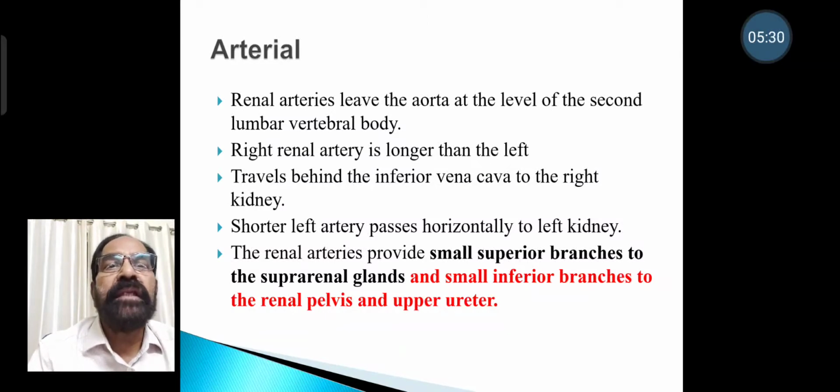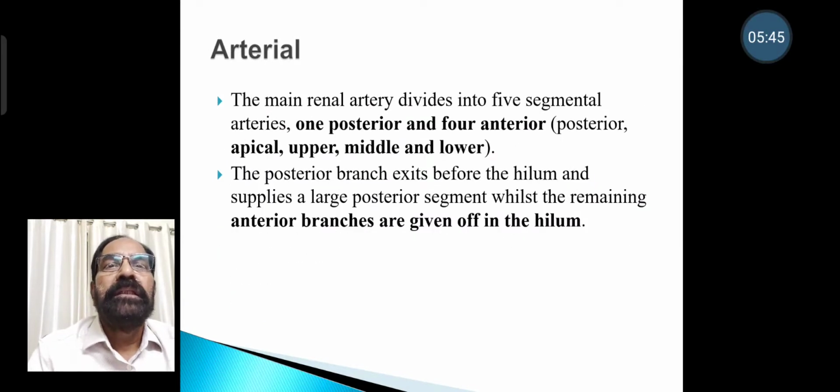Renal arteries provide small superior branches to the suprarenal glands and small inferior branches to the renal pelvis and upper ureter. The main renal artery divides into 5 segmental arteries, out of which one is posterior and 4 are anterior. So the anterior are apical, upper, middle and lower.